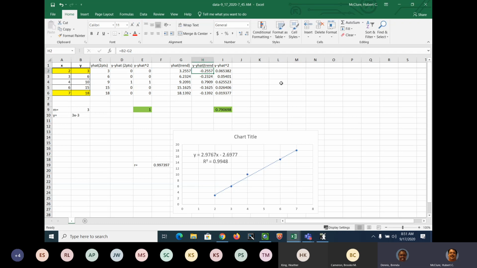I don't think those are negative. Yeah, 15 minus 15.16, that should be negative. And 18 minus 18.13 would be negative. Three from 3.25, I think you might have turned yours around.